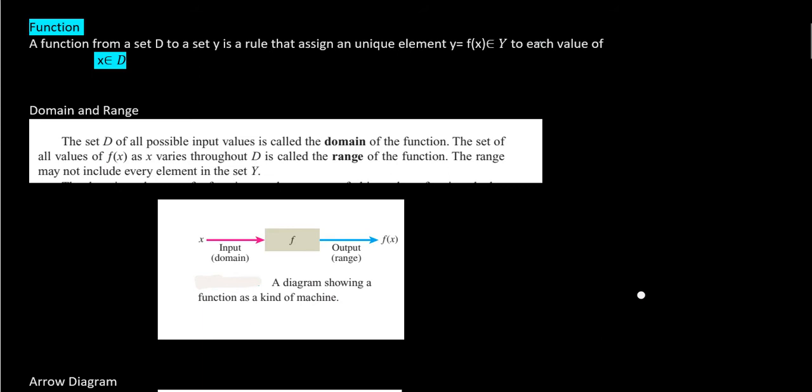Suppose we have a set of values D and a set of values of Y. So in it, you can see that a function from a set D to a set Y is a rule that assigns a unique element y equal to f of x belonging to Y to each value of x that belongs to D.